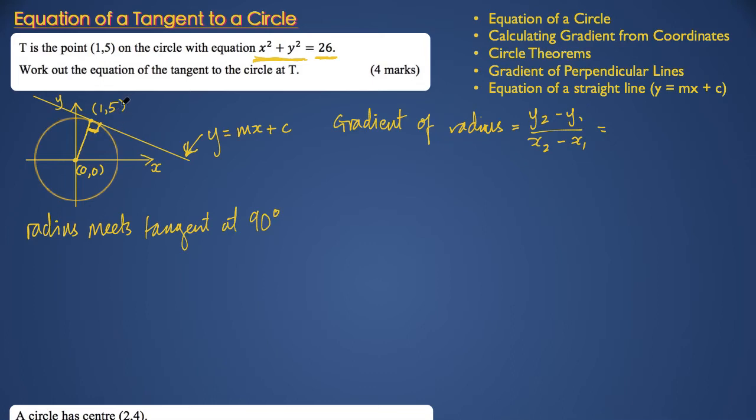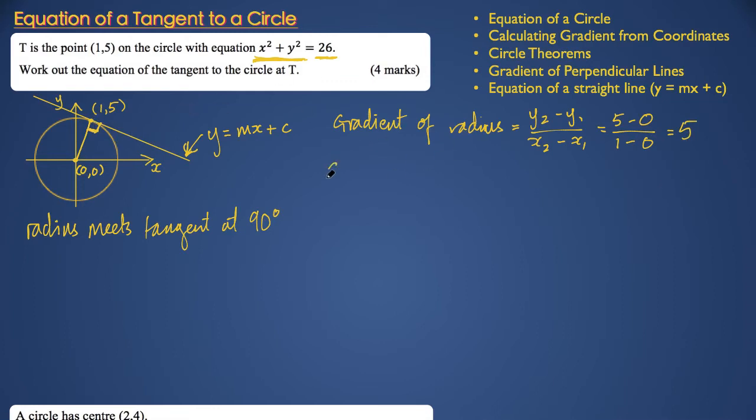Change in y variables, I've got 5 minus 0. Those are my two y coordinates, 5 minus 0. A change in x is 1 minus 0. Obviously you have to put them in the same order, so I'm using the point 1, 5 and the point 0, 0. That gives me a gradient of 5.